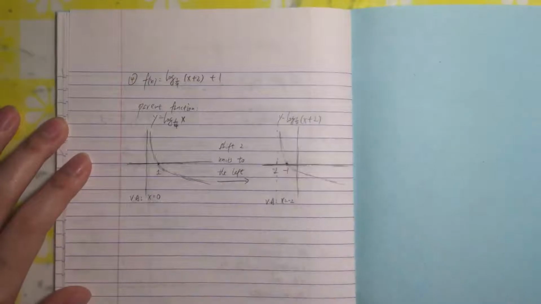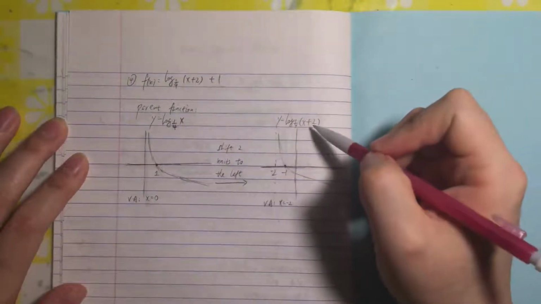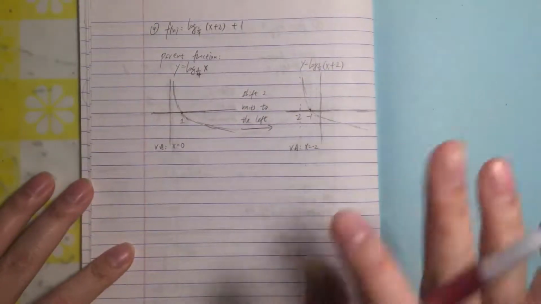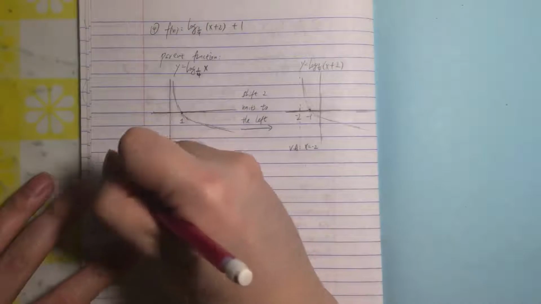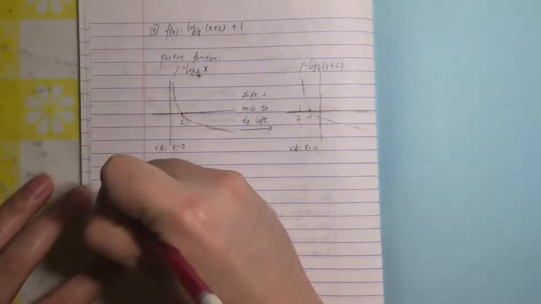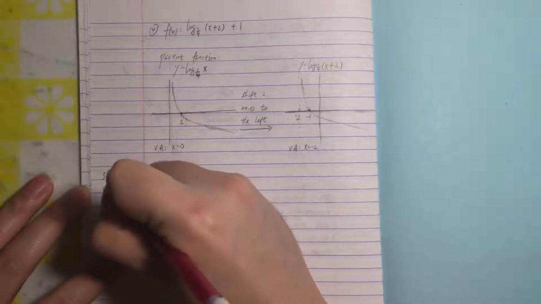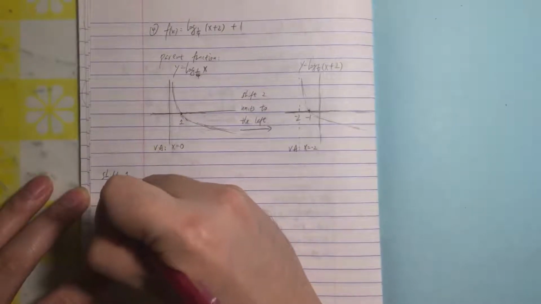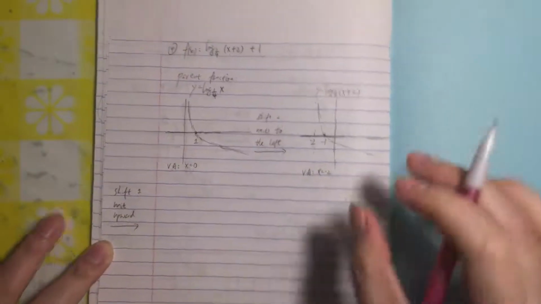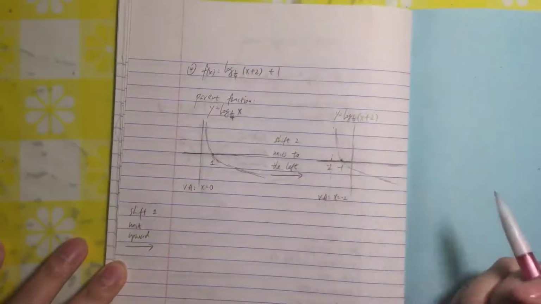Next, when I add 1 to the function, I shift the graph 1 unit upward.